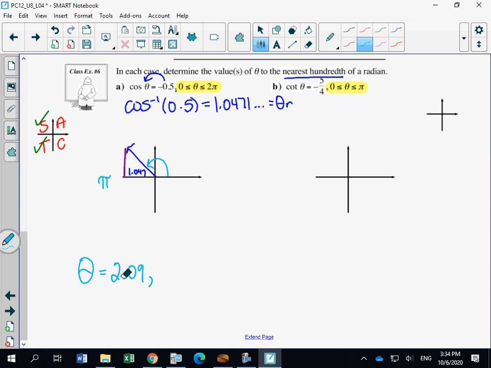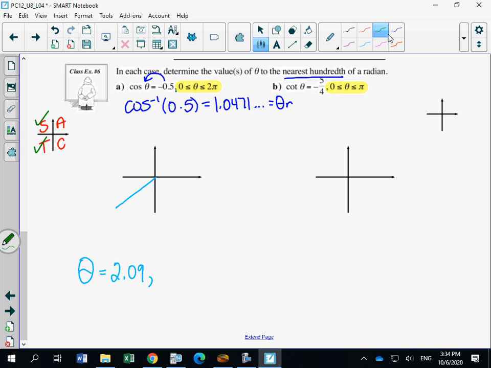Okay, my second answer is going to be in quadrant 3. So I need to redraw this reference angle in the third quadrant. Draw yourself another Cartesian plane, and let's put a reference angle of 1.047 in quadrant 3.